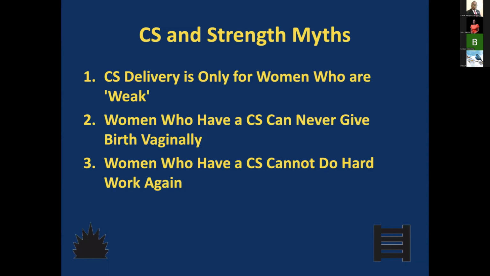You are only given 3 months maternity leave. You have to go back and do whatever you are doing. And sometimes you'll even be surprised. Some people are even more active after delivering via cesarean section than before, because now they know they have to double up to meet their targets.